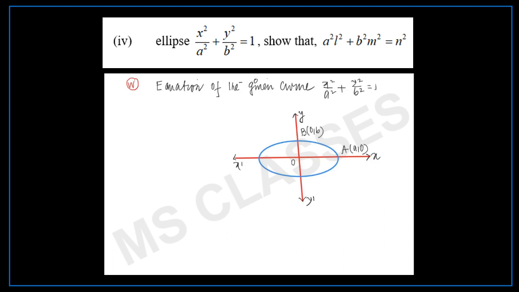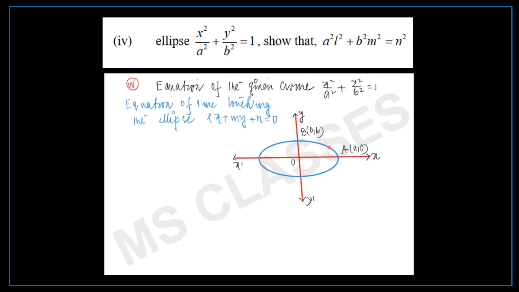Now consider the equation of a line touching the ellipse, lx plus my plus n equal to 0.